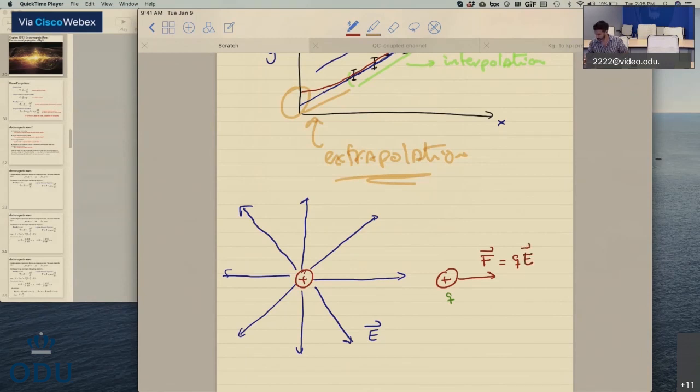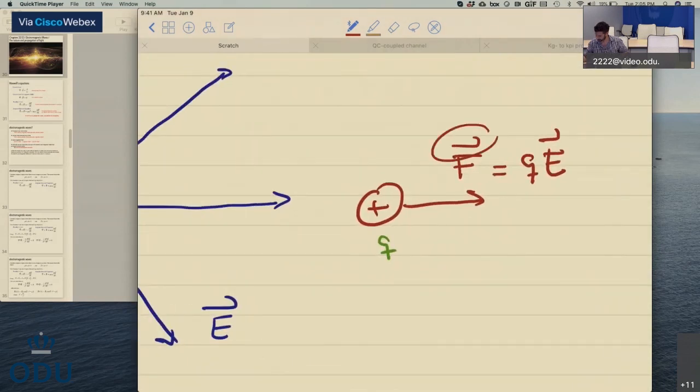If you're not familiar with this little symbol on top, and perhaps I haven't done the best depiction of it, this is a symbol for a vector. A vector is nothing more than a quantity that has a magnitude, but also a direction. So in this case, it is pointing towards the right, okay?